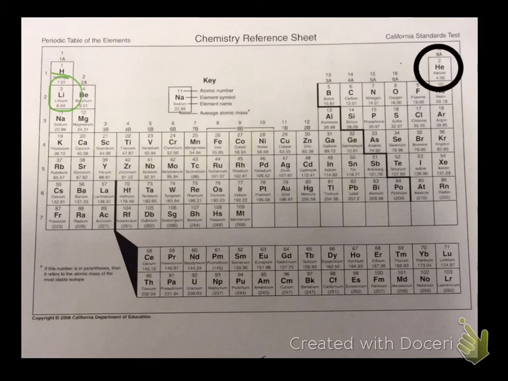If lithium loses 1 electron, then it will look like helium. And I just want to clarify, it doesn't become helium. It's still lithium. In terms of its electrons, it just looks like helium. On the other hand, with fluorine, which is right over here, all it has to do is gain 1 electron, and it will look like neon.